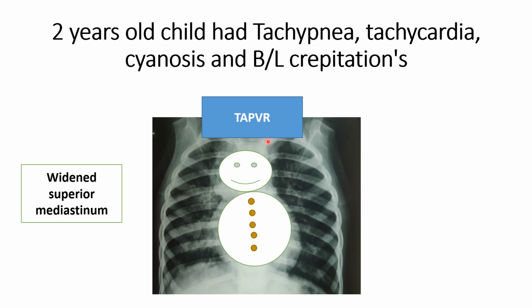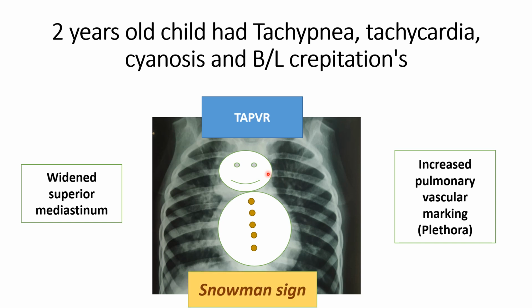Another name for this sign is snowman's appearance. So this is characteristic of TAPVR, and plethoric lung field is also seen whenever there is increased pulmonary blood flow. So in TAPVR, pulmonary blood flow is increased.